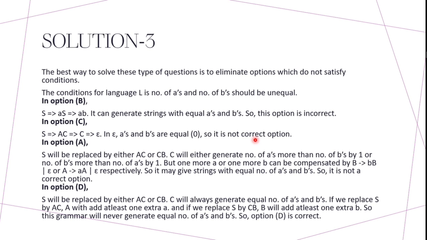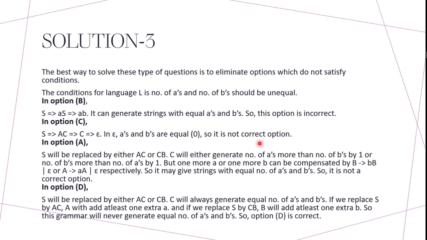In option C, S goes to AC, C goes to epsilon. In epsilon, A's and B's are equal as it is 0. So it is also not a correct option. Now in option A, S will be replaced by either AC or CB. C will either generate a number of A's more than the number of B's by 1 or a number of B's more than the number of A's by 1.